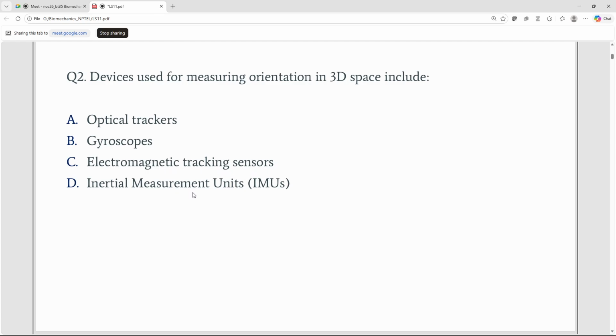Option D, inertial measurement units, or IMUs.